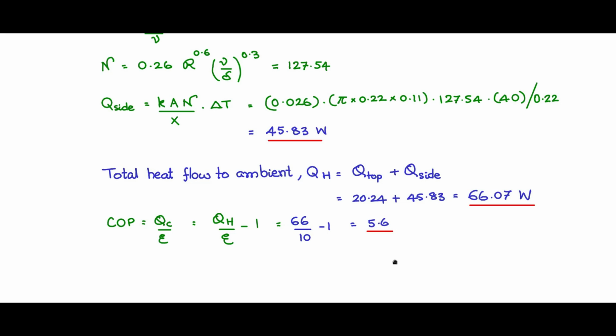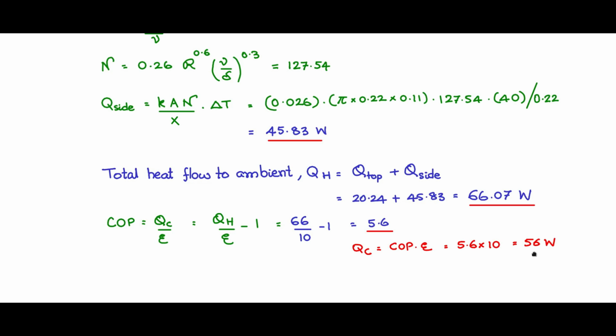Now you see the amount of QC, that is the amount of heat that is removed from the chamber, is COP into E, which is 56 watts. Remember that we had just removed around 14.4 watts in the case of the free convection, and by putting forced convection, all else being the same, you are able to remove 56 watts of heat from the chamber, and the refrigeration will definitely be much improved, much better.